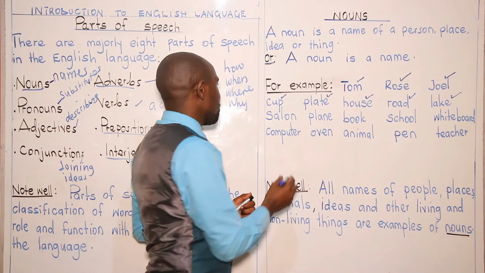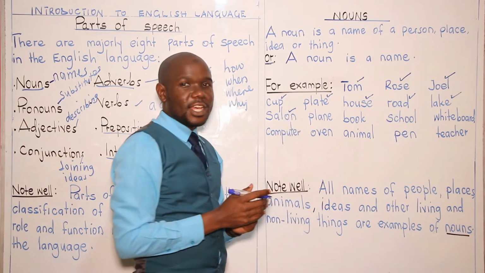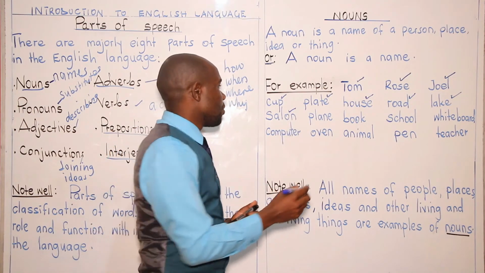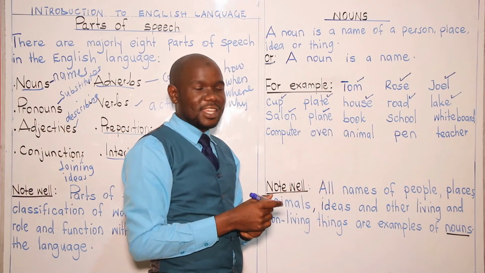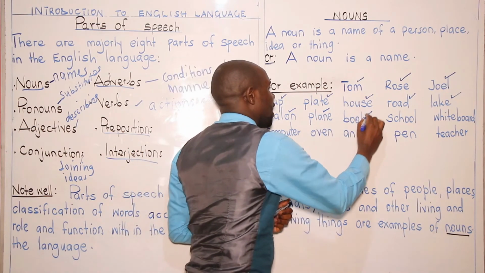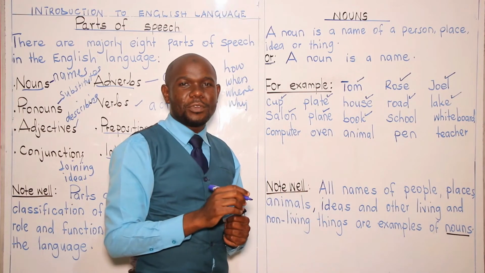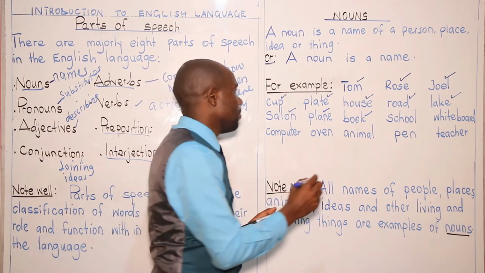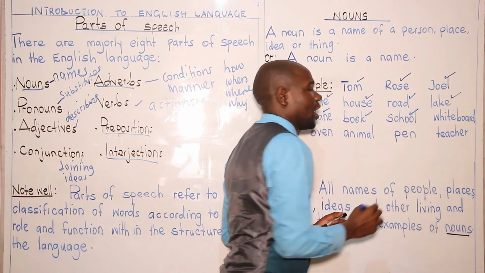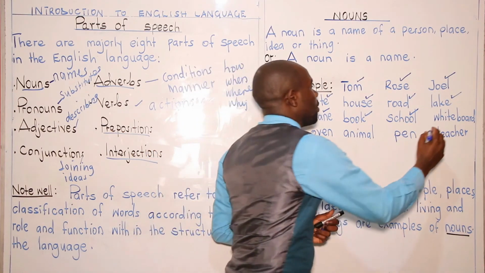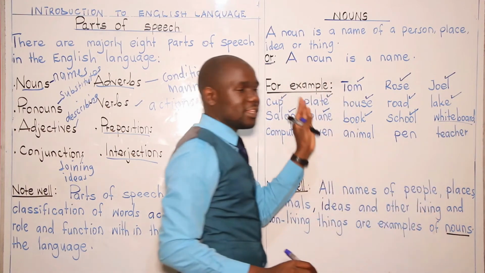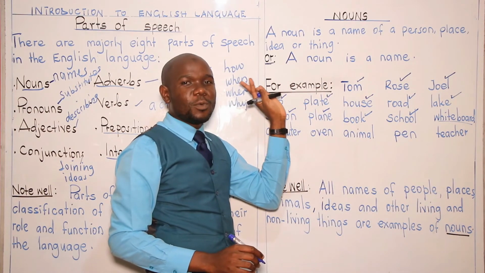For example, we have salon. Salon, name of a place. We have plane, still a name of a thing. Book, a name of a thing where we write. For example, we have school, a name of a place where learning and teaching takes place. We have whiteboard, like this one here. This one is whiteboard.